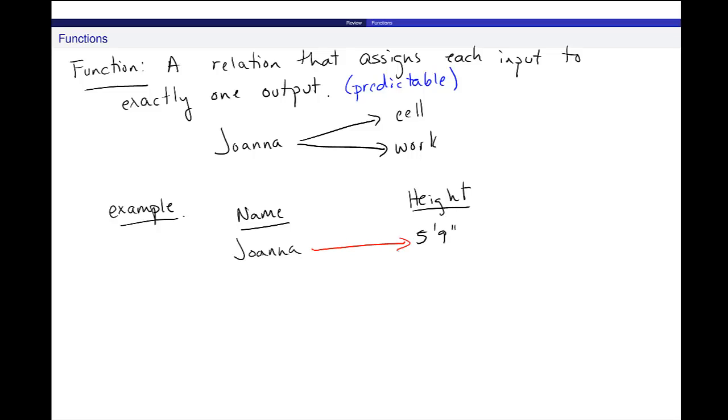So when I put Joanna in as the input parameter, the output, if we had a list of everyone's height, would be my actual height. Okay? And then likewise, my friend Vince might be in here, and his height, 6 feet, not inches. 6 feet tall. Okay? So we like them. They're very predictable.